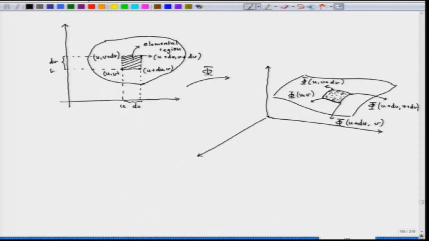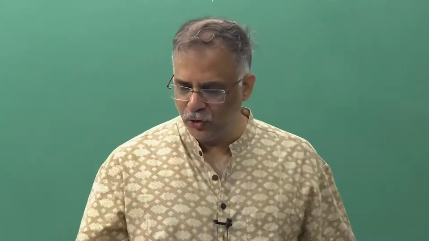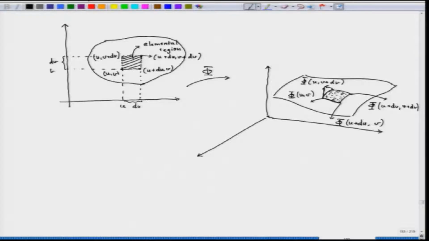So I have been speaking about the area vector. The elemental area vector should be perpendicular at (u, v). So this is my elemental area vector dS. I can think of this elemental area vector as a cross product of two vectors.